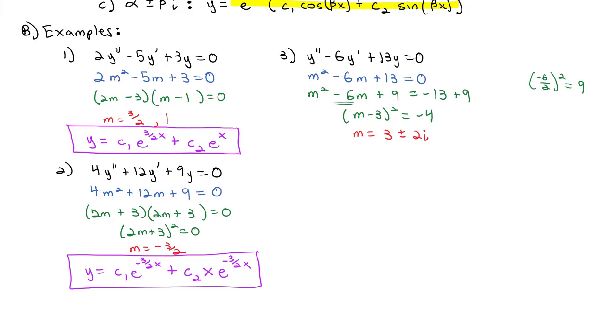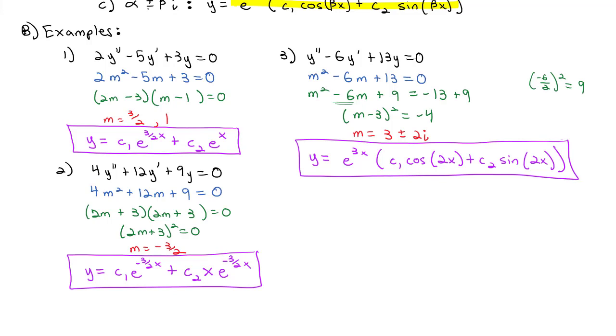Because we have a complex solution, we use our third case and write that y is equal to e to the real part, 3x, times c1 cosine of the complex part, 2x, plus c2 sine of the complex part, 2x. And this becomes our solution to the differential equation.